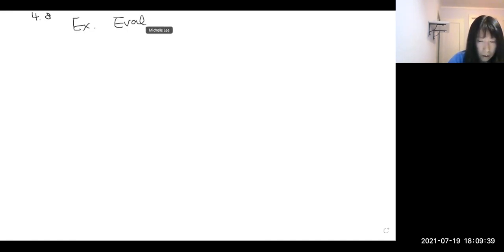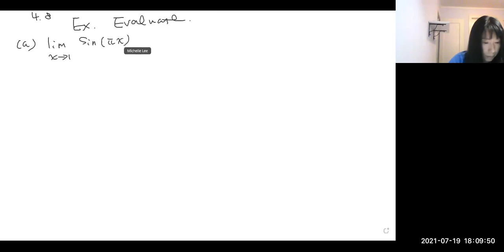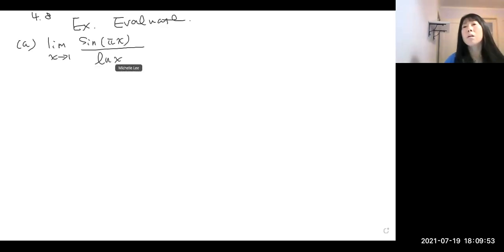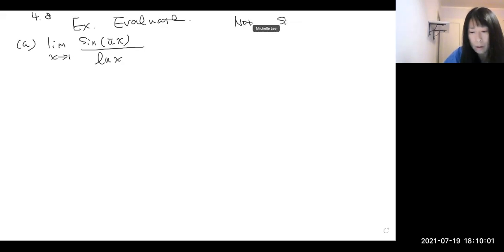So 4.8. All right. Let us evaluate. I want to do this one first because the other one we did in the beginning. Okay. When x approaches 1, sine pi times 1, right?